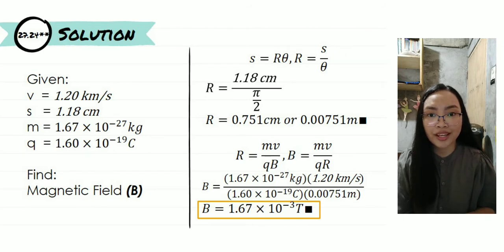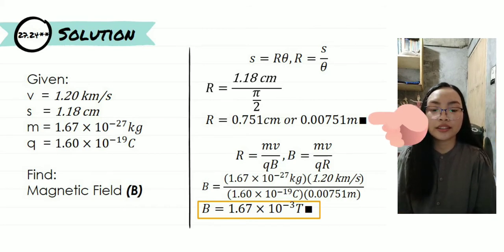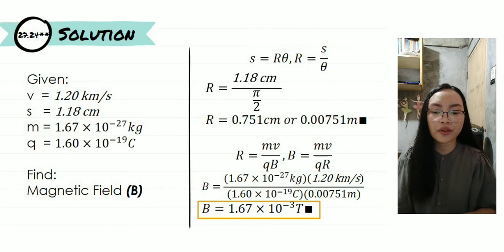By substituting the required values, we will have the value of the radius, which is equal to 0.751 centimeters or 0.00751 meters.